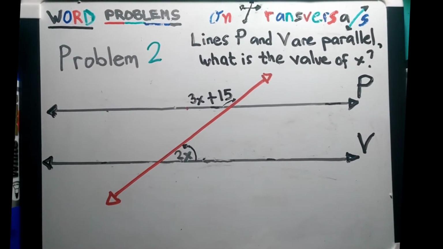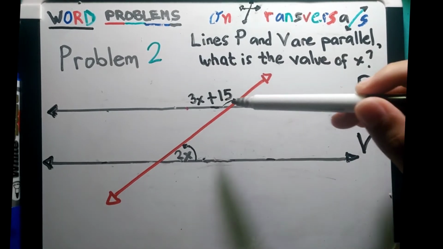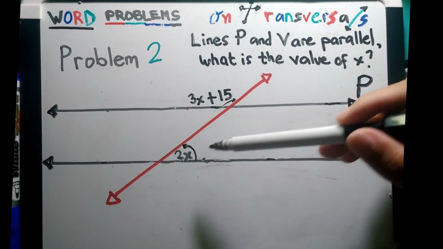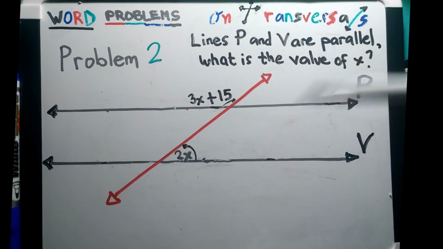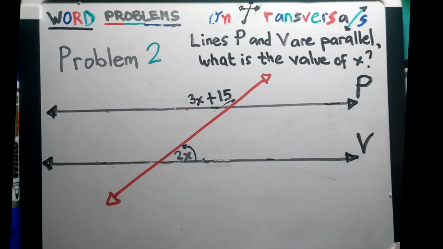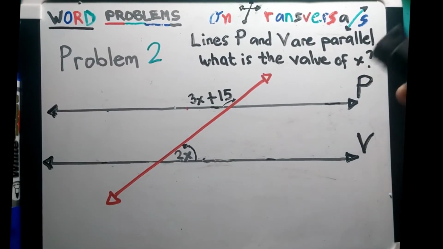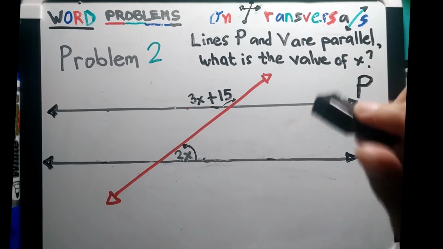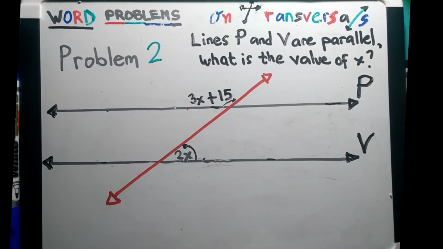As you may have noticed, one angle is found on the exterior, and the other is found on the interior. So how are we going to establish the connection or the relationship between these two angles? We are going to find the corresponding angle, or the third angle, that is related to either of the given angles.